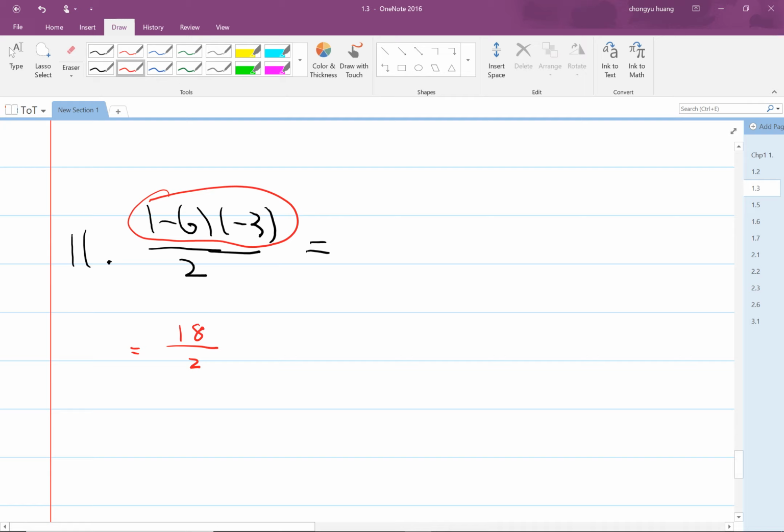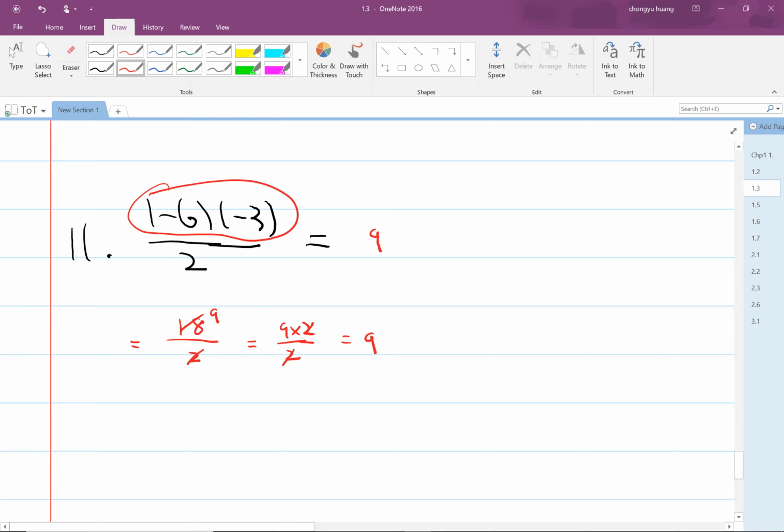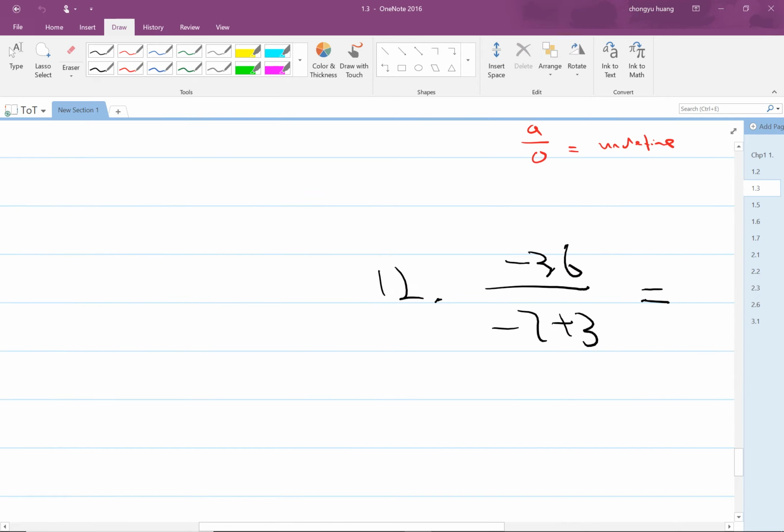Then you just want to cancel. It's going to be simplified again, right? 2 multiplied by 9 is 18. The detailed step is something like this: 18 is equal to 9 multiplied by 2, so 2 and 2 cancel, and it becomes 9. So it's going to be 9 as the solution for question 11.